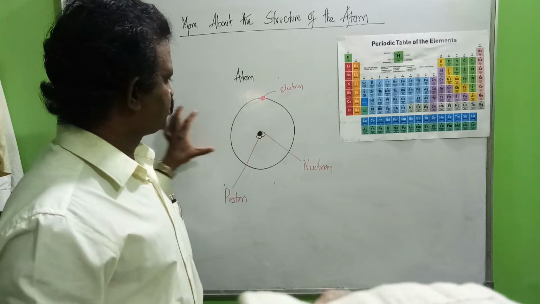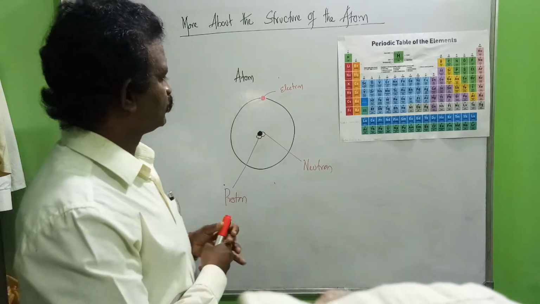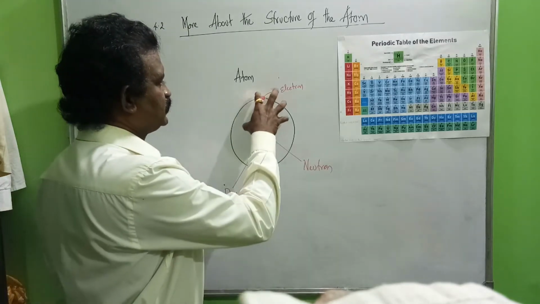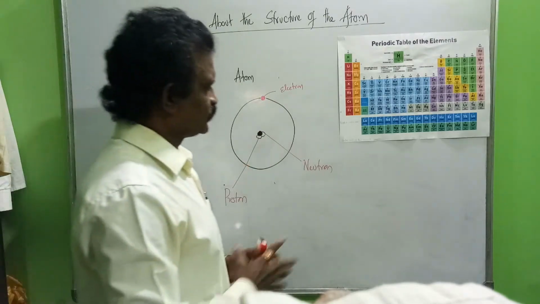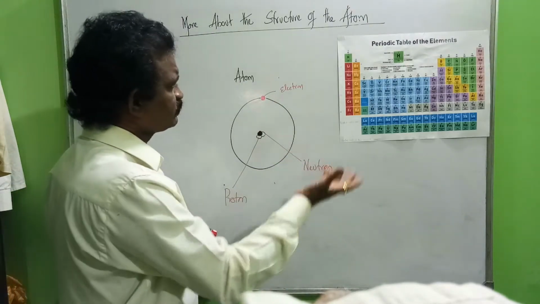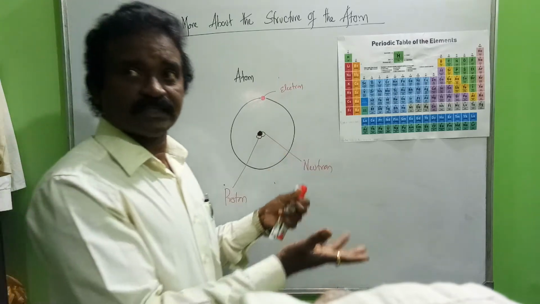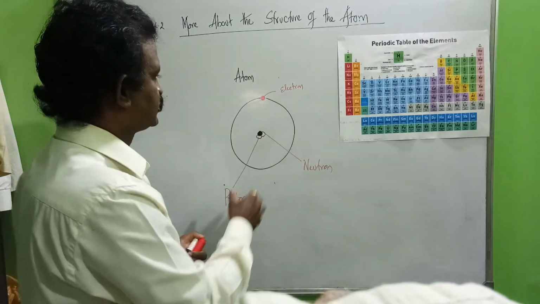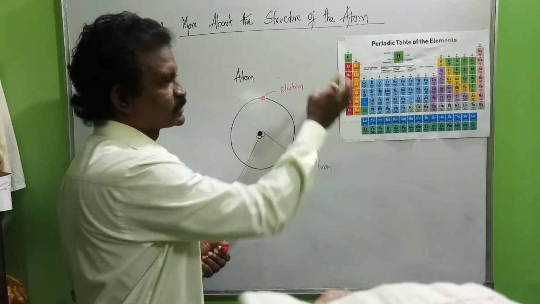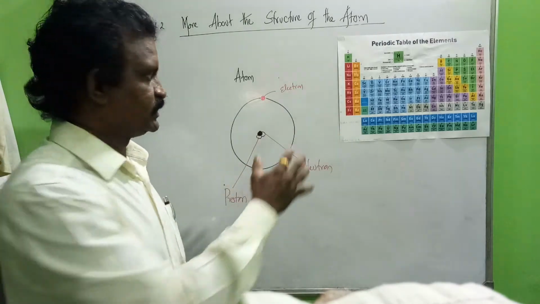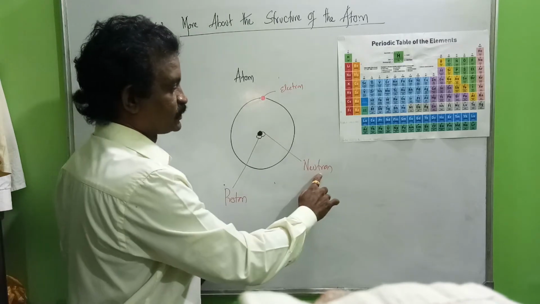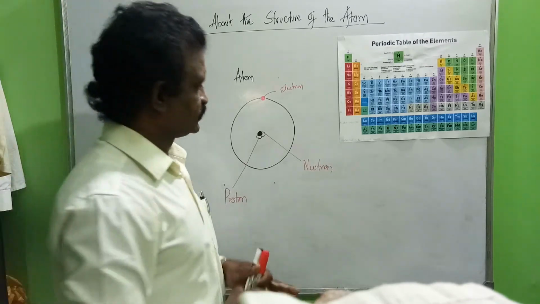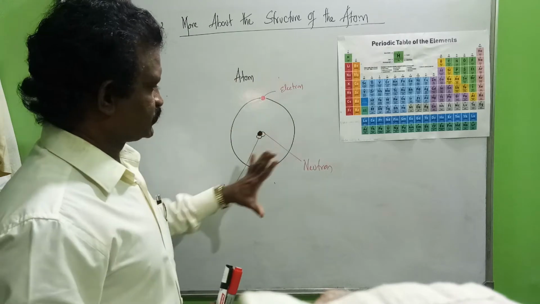Based on that experiment, he showed that there are 3 types of charges in an atom. That was his conclusion, and he got Nobel Prize for that. That made a way for other scientists to discover more. Later on, electron was discovered by J.J. Thomson, proton was discovered by Goldstein, and neutron was discovered by James Chadwick. Is it clear? Now, this is the structure of atom.